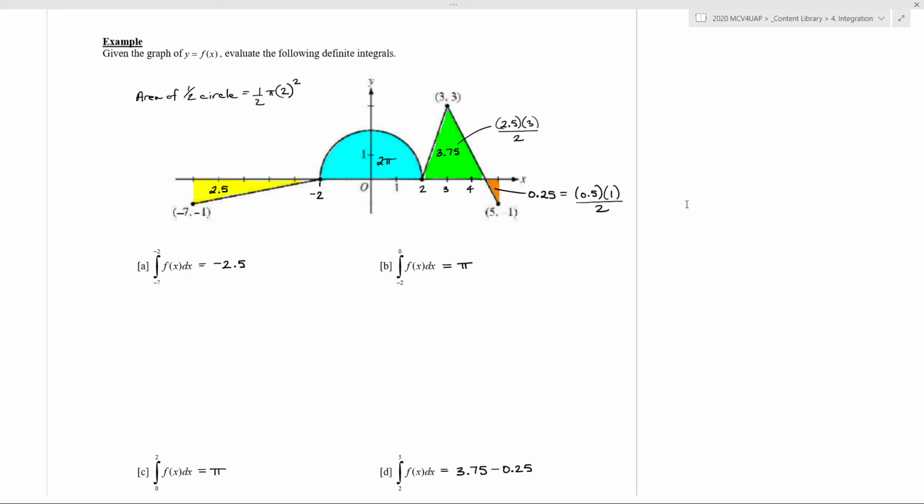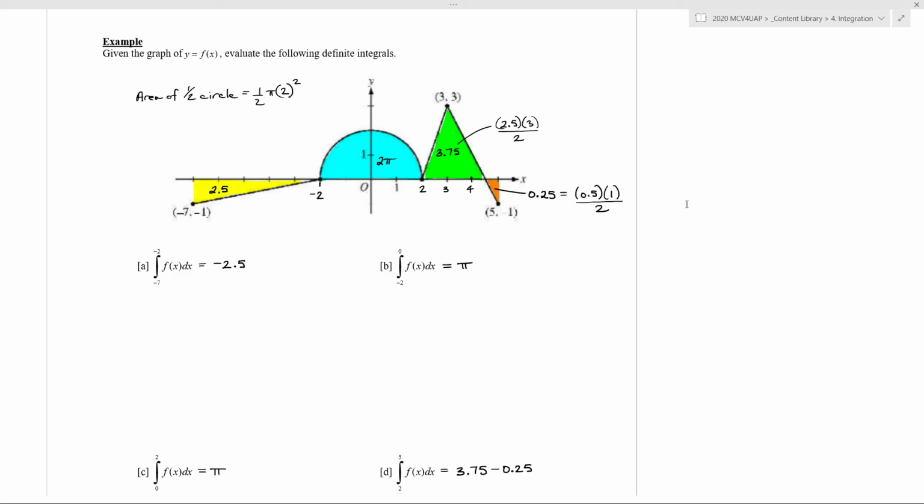That would just be half of the area of that blue circle, so that would be 2 pi, and it's positive because that blue half circle is above the x-axis. Part C, the integral from 0 to 2 is also above the x-axis. That's a quarter circle as well. That definite integral is pi.